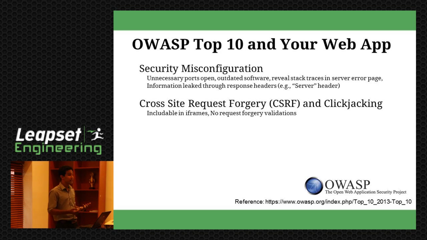And there might be outdated software, for example, outdated Apache software, stack traces revealed in server error pages, and information leaked in response headers. In this example, the server header. Sometimes when we request a web server, in the server's response there's a header called the server header.